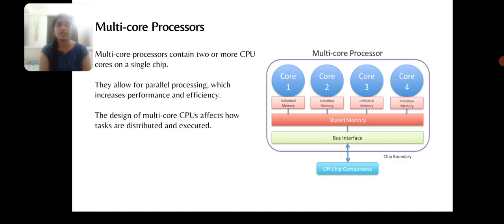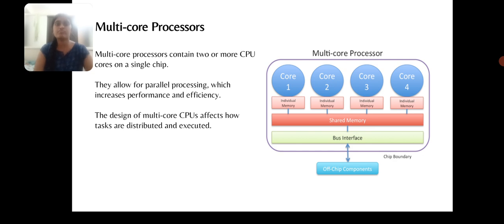Multi-core processors. Multi-core processors contain two or more CPUs on a single chip, where there is one bus and that bus connects multiple core processors. They allow for parallel processing, which increases performance and efficiency. Compared to serial processing, parallel processing gives better performance and efficiency.